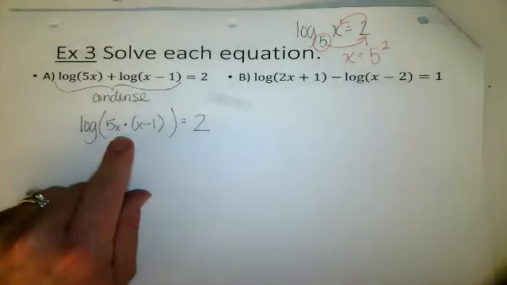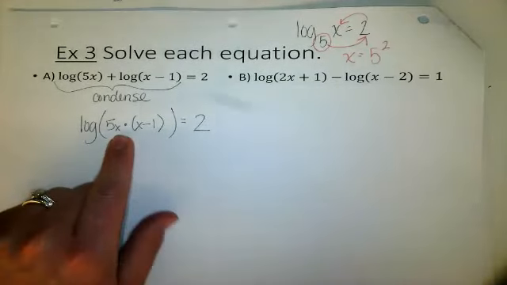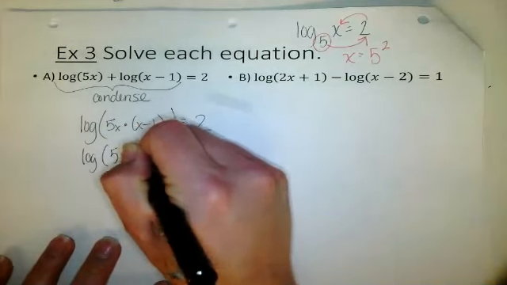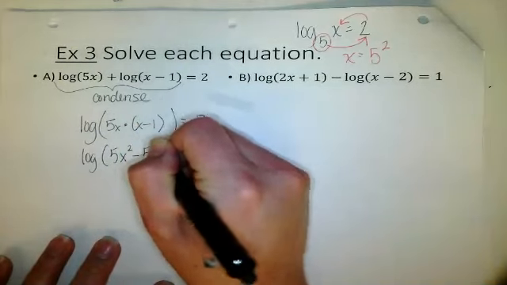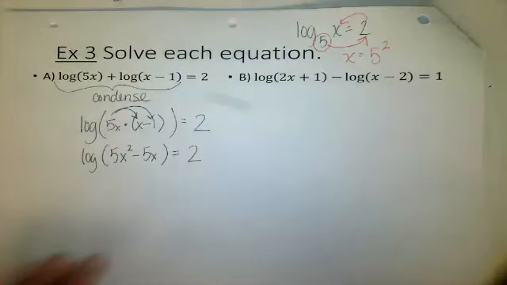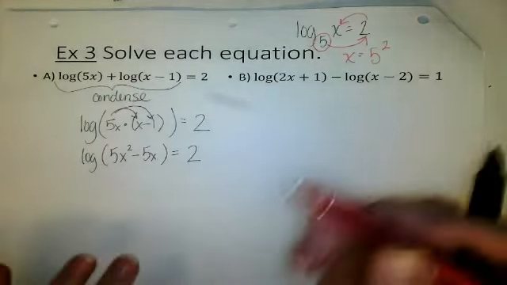What do you suppose we need to do with this? Distribute. Good. So that's log of 5x squared minus 5x equals 2. All right, and now we have a single log. So ladies and gentlemen, how do you drop a log? Give it a swirly.